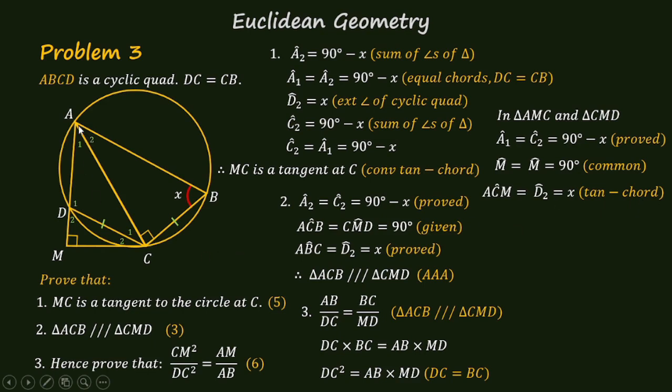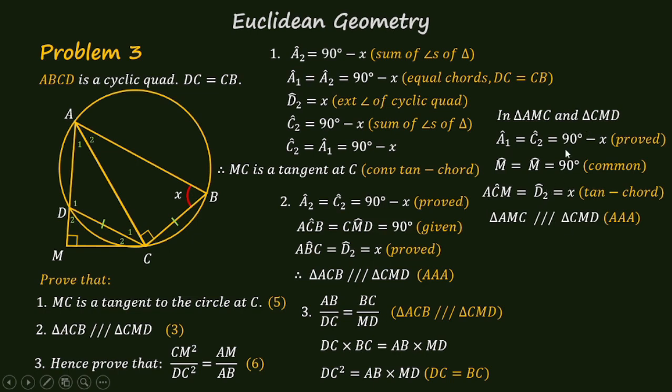Look, if this is our chord and we have proven this to be a tangent, therefore the whole of this angle, C1 plus C2, will be equal to X. So the whole of this angle here will be equal to X, which is ACM. It will be X, the angle made by the tangent and this chord AC will be equal to the angle subtended by the chord in the alternate segment, X. So ACM will be equal to D2. They are both equal to X from the tan chord theorem.